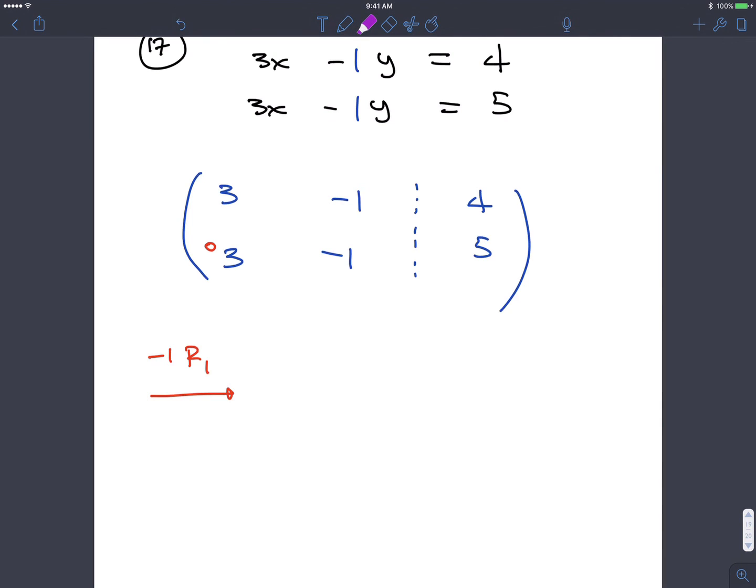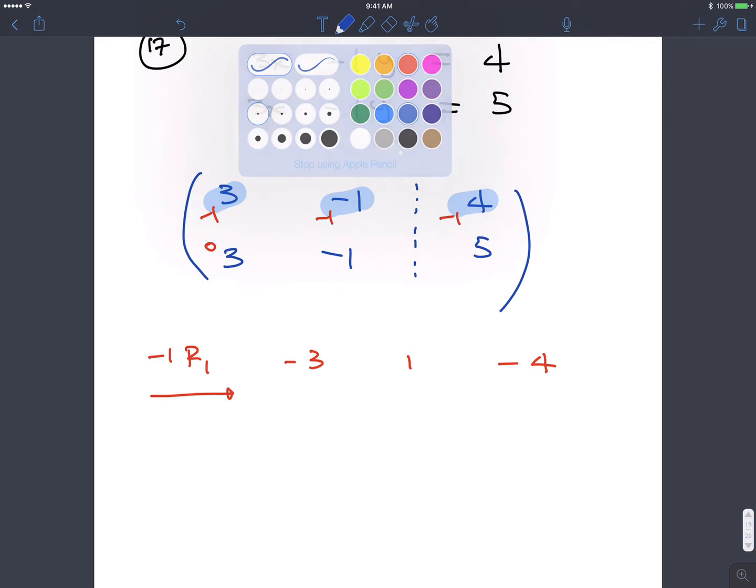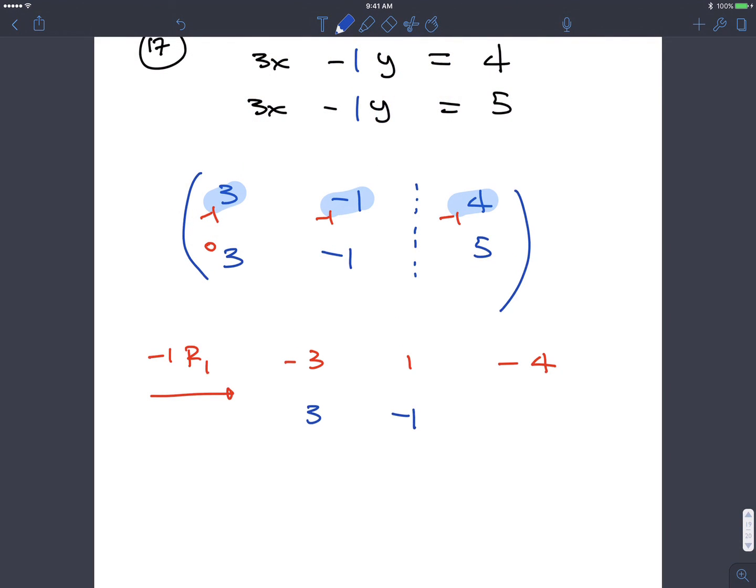So remember, every entry in row 1 gets multiplied by -1. Here's what we're going to get. -3, +1, -4. +3, -1, +5.